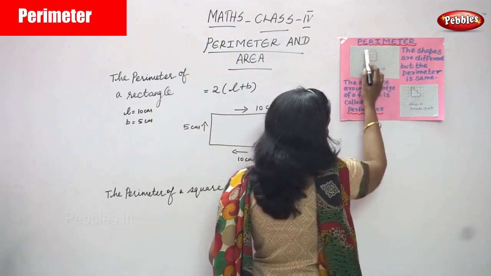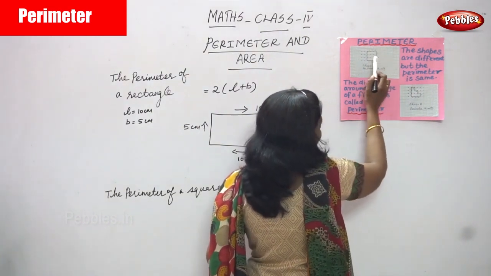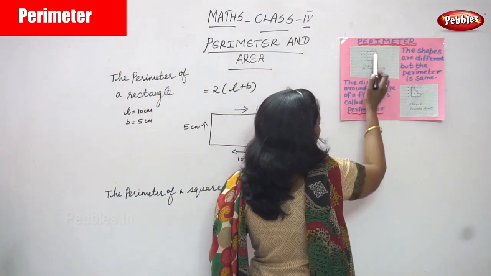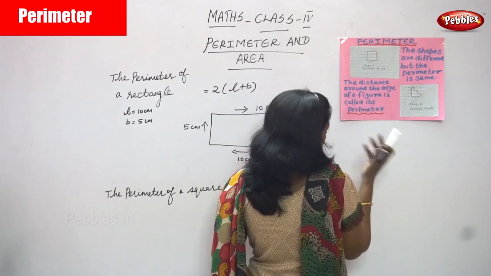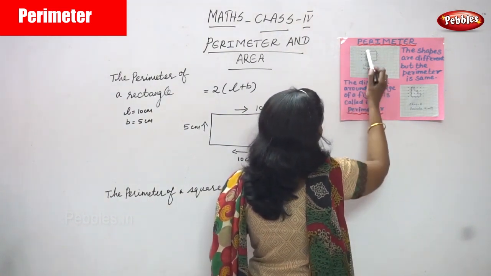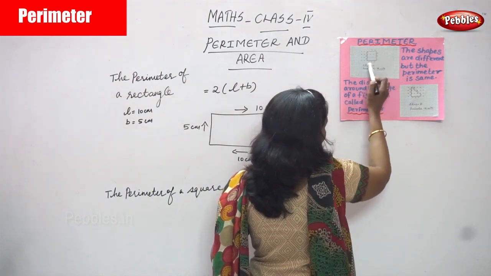So this is a diagram, this is a square, this is a figure, that is what they mentioned. The square is a kind of shape, so it is called a figure. The distance around the edge of the figure, so each and every edge, four edges are there. That means the surrounding distance, the outside distance of the figure. It is not inside. Inside means it comes under area.